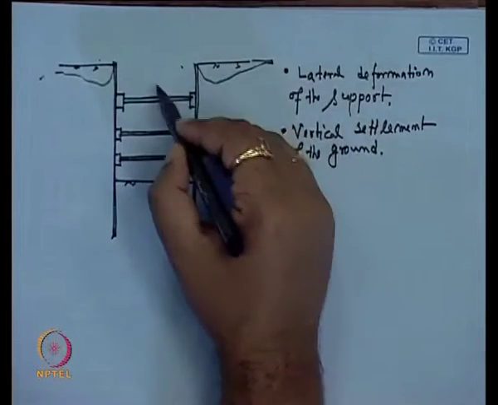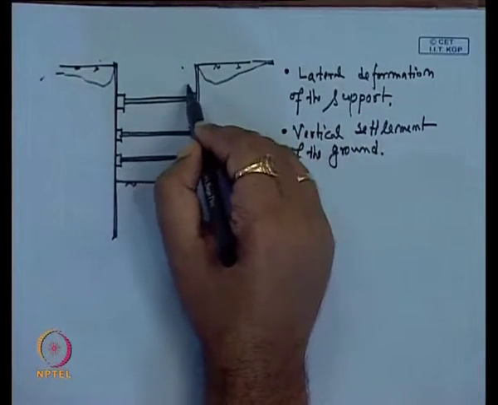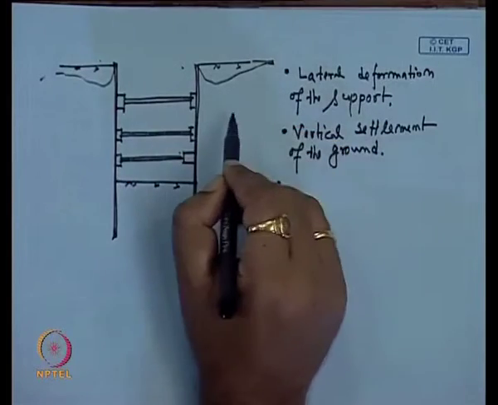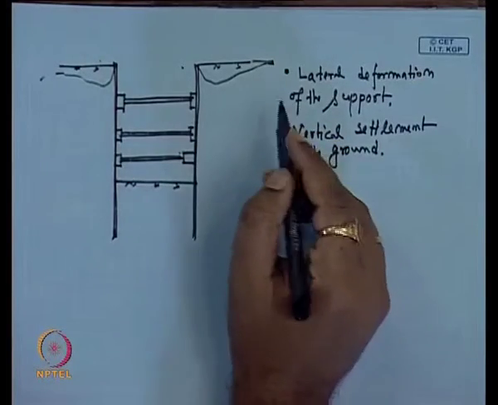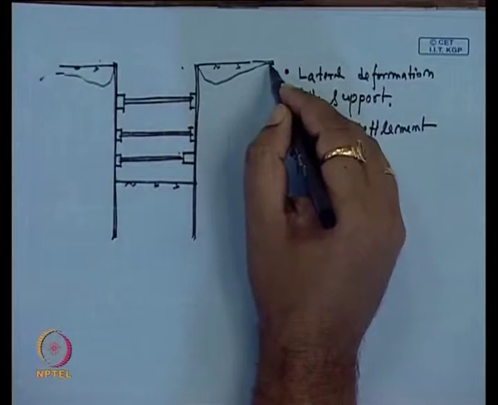So, lateral deformation of the support and ground surface deformation are very important things that we have to take care of during the design.